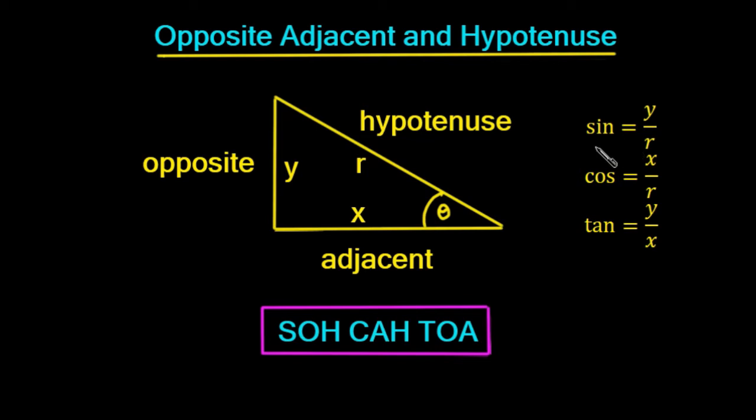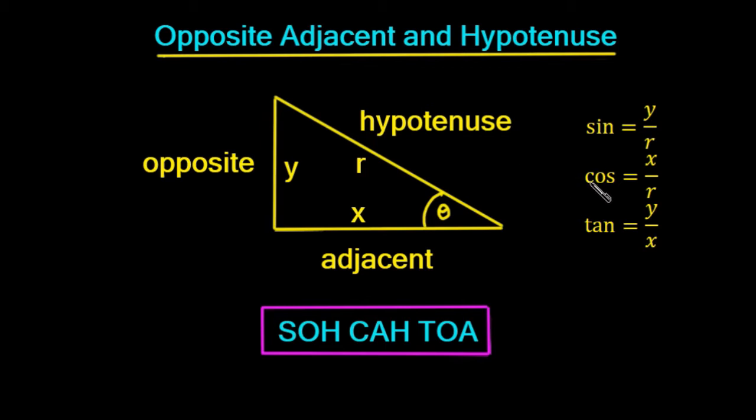Now when we look at our trigonometric functions, we'll look at one called the sine, the cosine and the tangent, and those are shortened to sin, cos and tan. Now the sine function is given by a ratio of the two lengths, y divided by r, or equivalently you could say the opposite over hypotenuse.